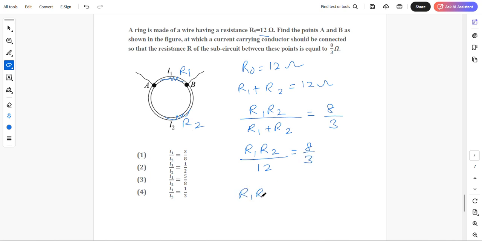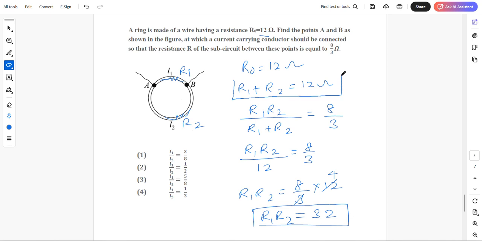R1 R2 is 8 by 3 into 12, that is 4 3s are 12, 8 4s are 32. R1 R2 is 32 and R1 plus R2 is 12. Now find two values whose sum is 12 and product is 32.